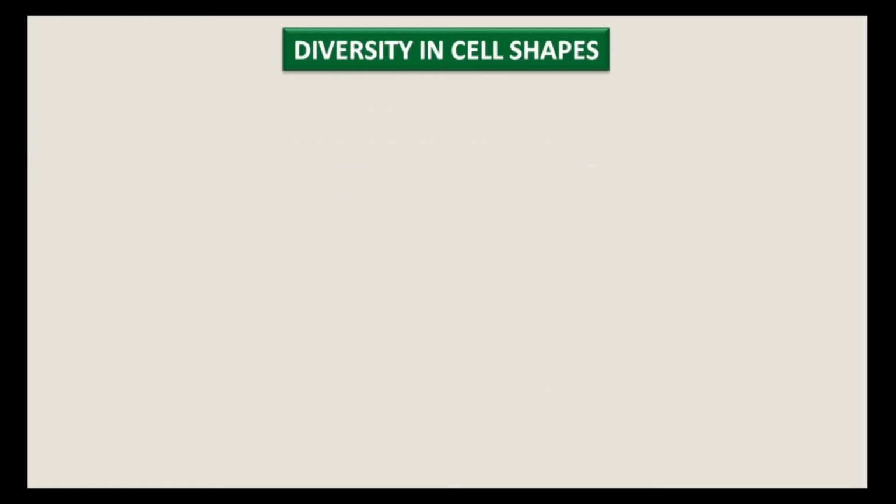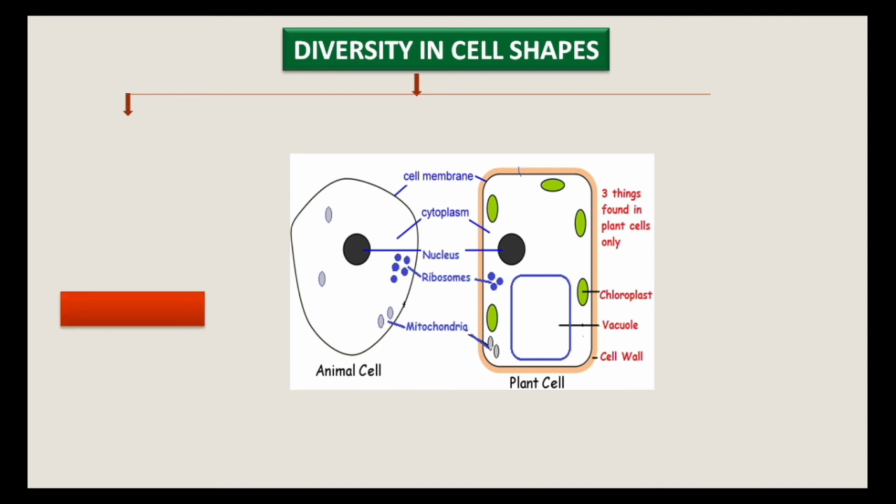Diversity in cell shapes. Cells show a great variation in their shapes. Different shapes of cells are related to their specific functions. First, we will study animal cells. White blood cells are amoeboid.